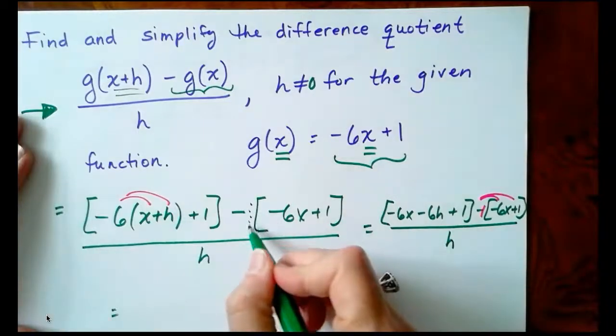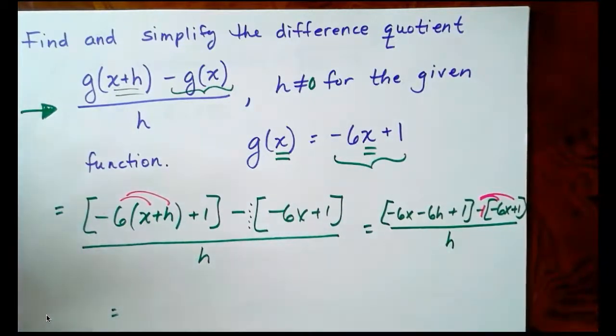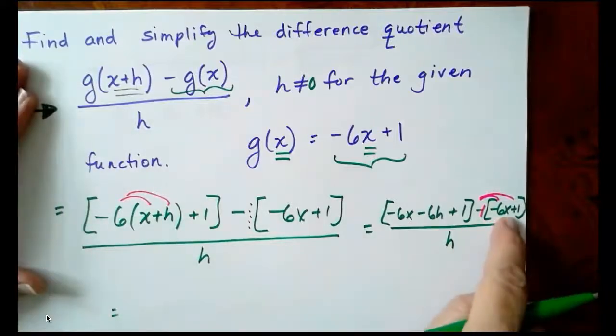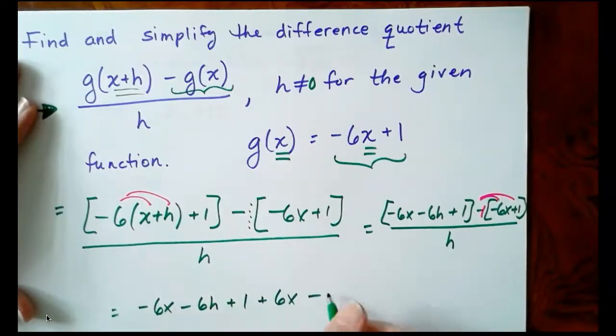I'm going to go ahead and drop the brackets because after I make that distribution, I won't need them anymore. Negative 6x minus 6h plus 1 plus 6x minus 1, all over h.